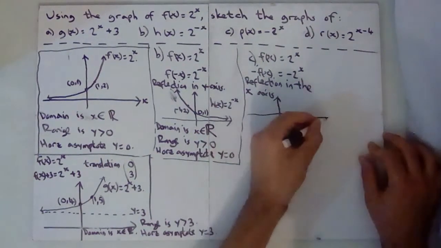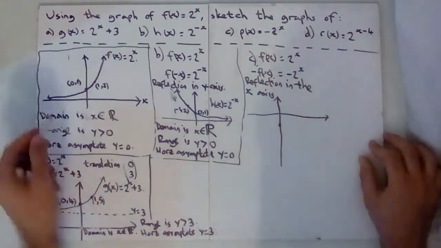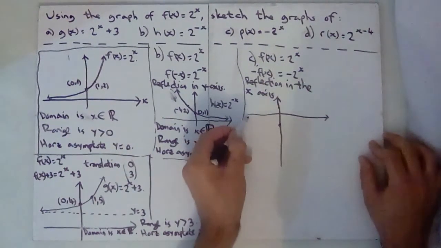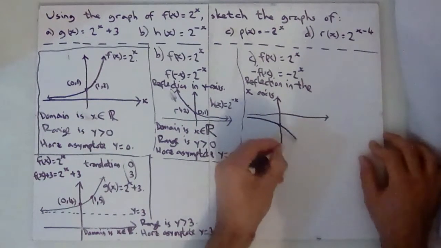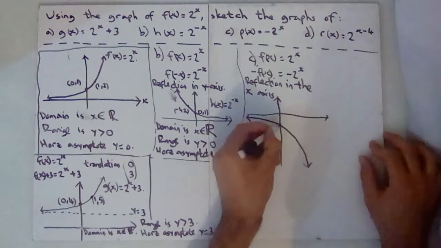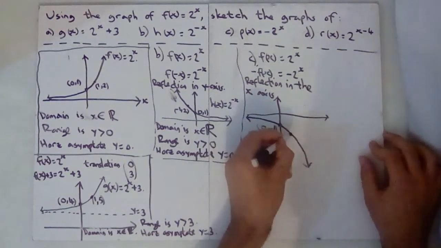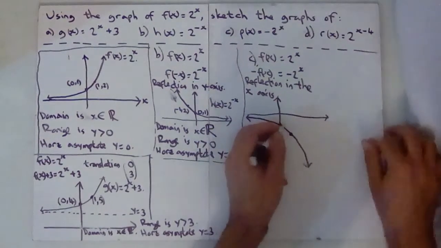So it is going to go through (0, -1), come along like that, and then it's going to go down. So this is (0, -1), and we have a point on here which we just said was (1, -2).